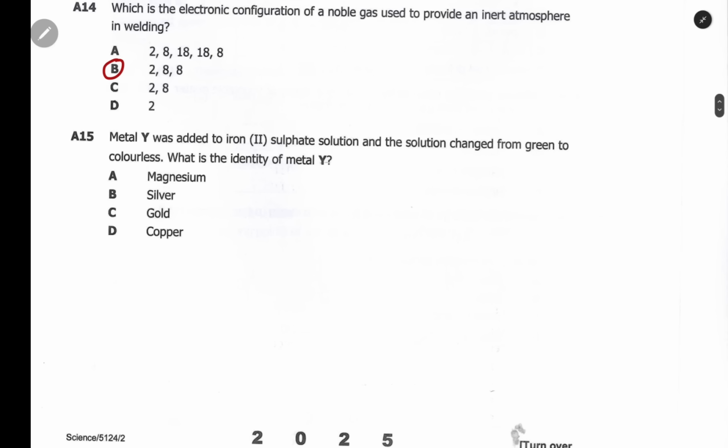15. Metal Y was added to iron 2 sulfate solution, and the solution changed from green to colorless. What is the identity of metal Y? Now, one thing you should know is that if the solution changed to colorless, it means iron was displaced in this case, iron 2 sulfate. So there was displacement.